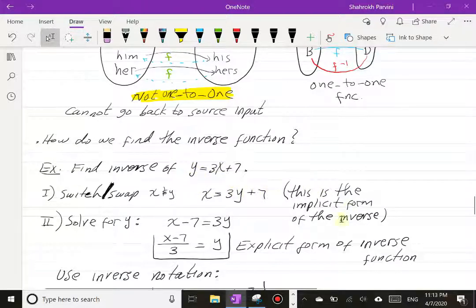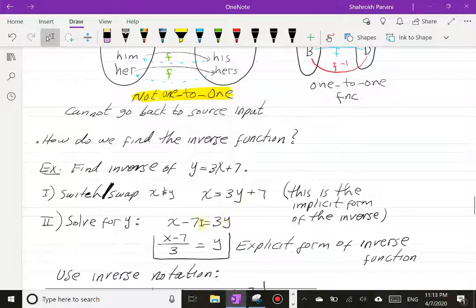Now this is what we call the implicit form of the function. Implicit form means you don't have y isolated. Okay, so x is equal to 3y plus 7. Now the next step here is to solve for y. So how are we going to solve for y? You want to isolate it.